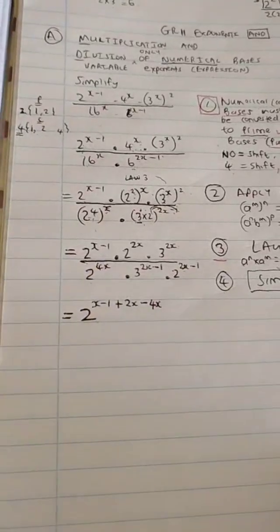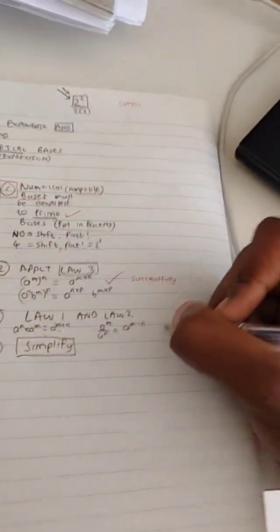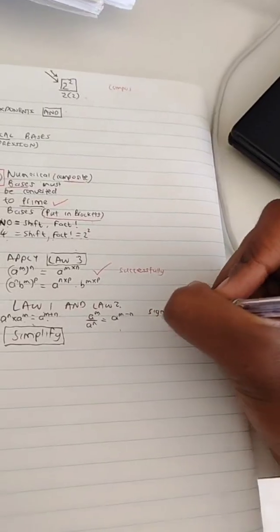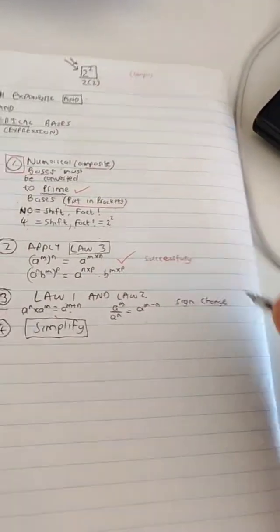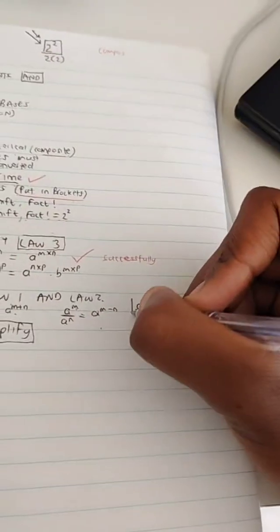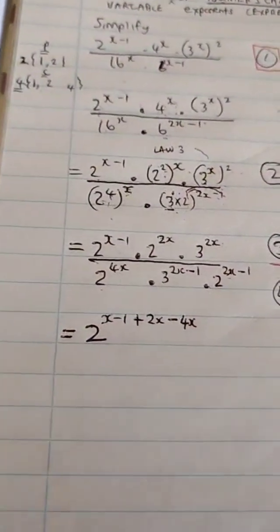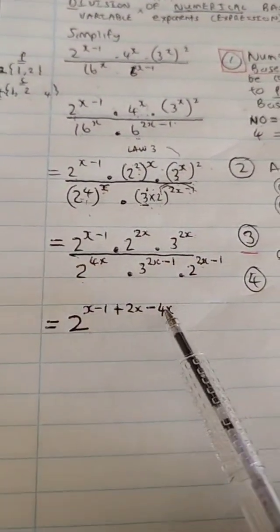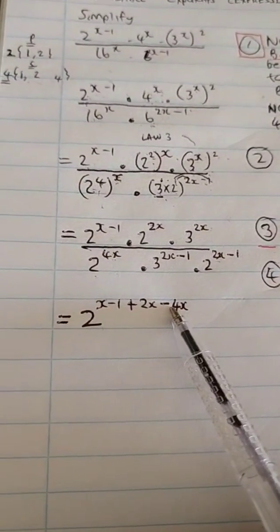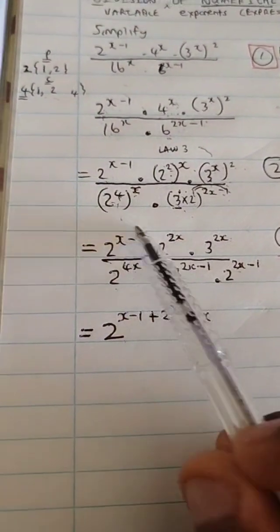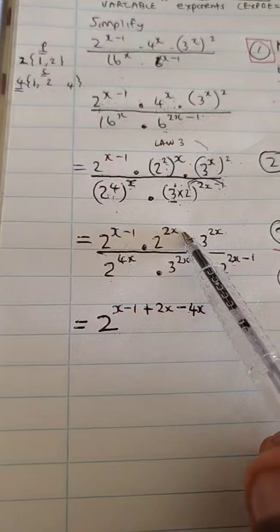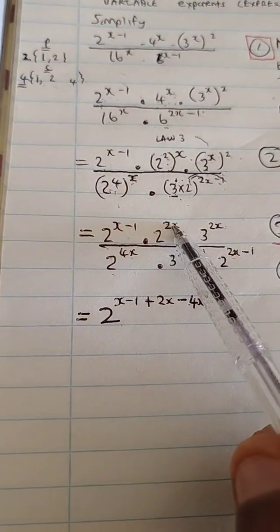There's a sign change. So I am going to just emphasize here that there is a visible sign change whenever we collect exponents in the denominator. Make sure that the sign change is visible. So remember, I said 2 to the power x minus 1. We added this 2x because it is in the same numerator.